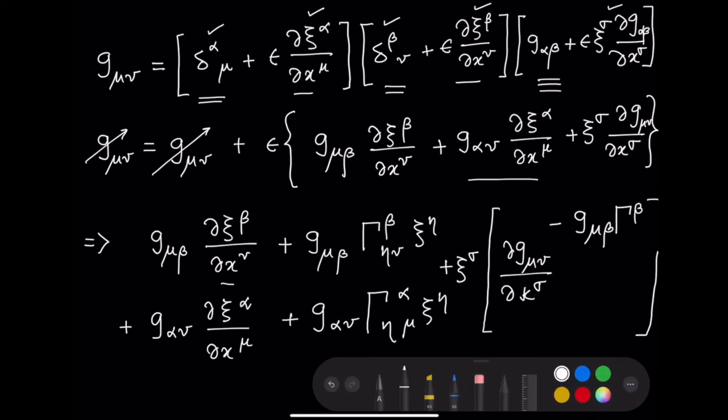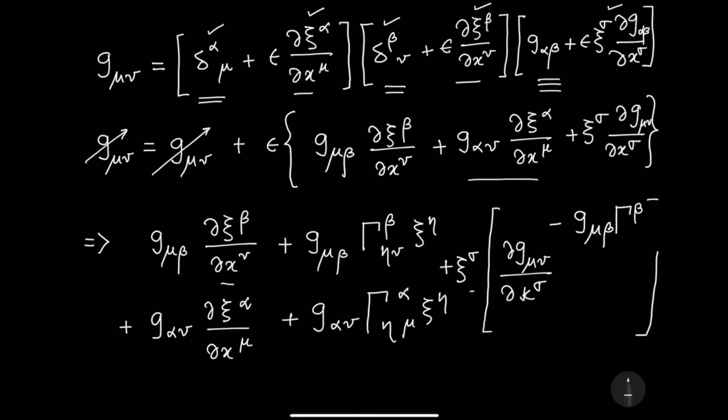Because I have already used sigma for the xi which is outside, so I can take xi common if I use sigma here. So this will be sigma and nu.